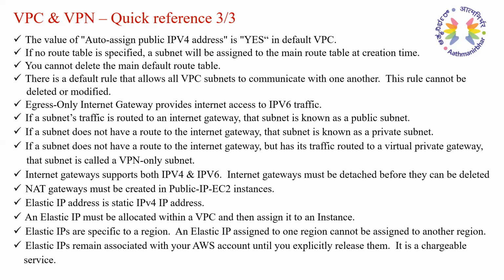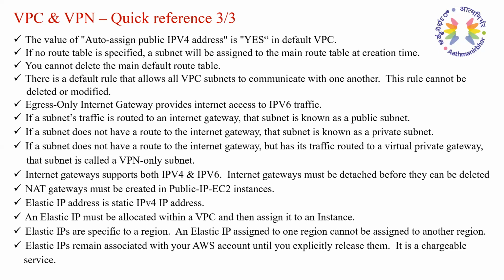If a subnet does not have a route to the internet gateway, that subnet is known as a private subnet. At the same time, if a subnet does not have a route to the internet gateway, but has traffic routed to a private gateway, that is called a VPN-only subnet. So there are different types of settings which we explored in the lab.